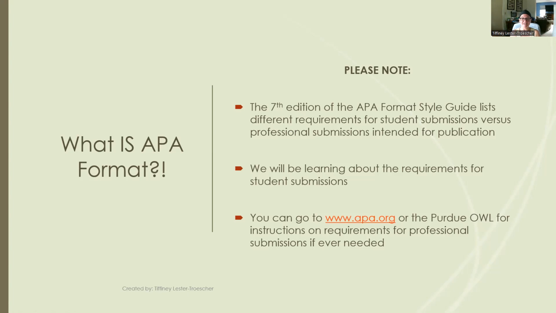And the 7th edition kind of does away with that. There are now different requirements for student submissions versus professional submissions that are intended for publication. So obviously, I'm going to teach you about the requirements for student submissions.